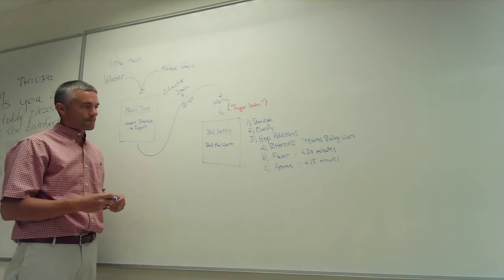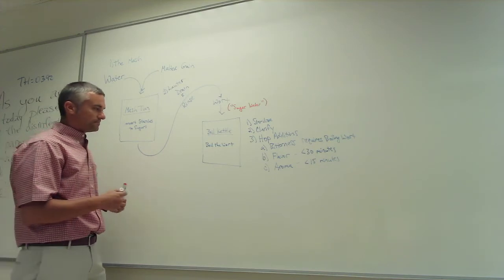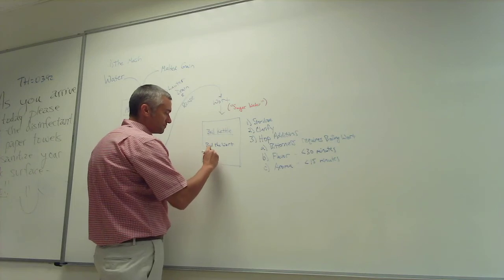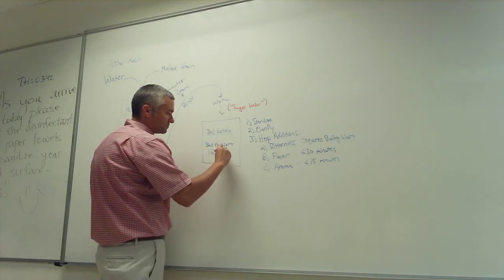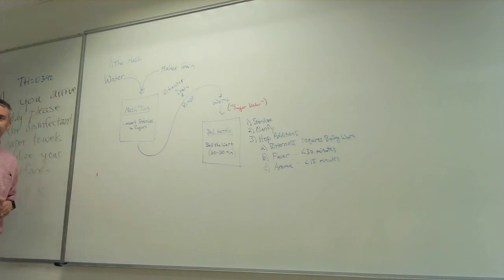All right. How long do we boil the wort? Between 60 and 120 minutes. It depends on the beers, and there are some variations on this too. But the boil, everyone basically does it.